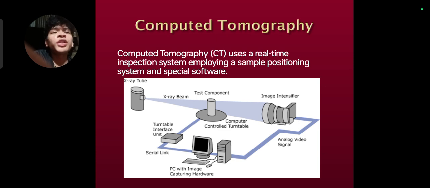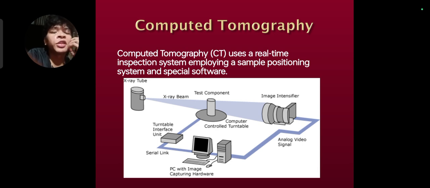Computed tomography, or CT, also uses a real-time inspection system employing a sample positioning system and special software. As you can see in the picture, that's what the computed tomography setup looks like. We have an X-ray tube, and an X-ray beam that passes through the test component, and we have the image intensifier.